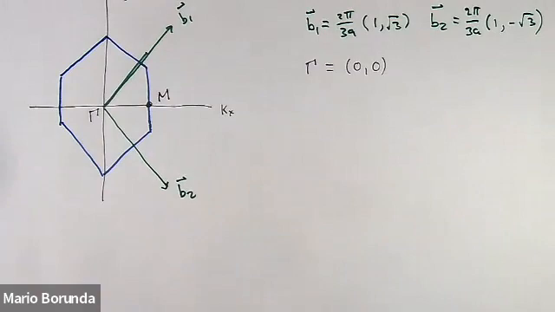So the M point would be halfway out. If you added B1 and B2 together, halfway there, right? So it would be like 2 pi, so pi over 3a, I think. That's the M point.